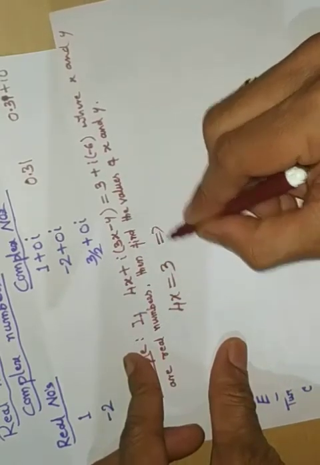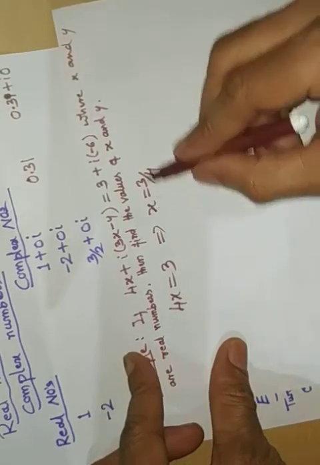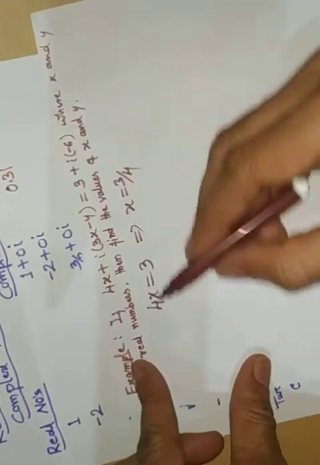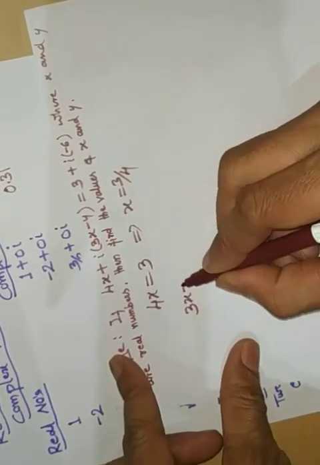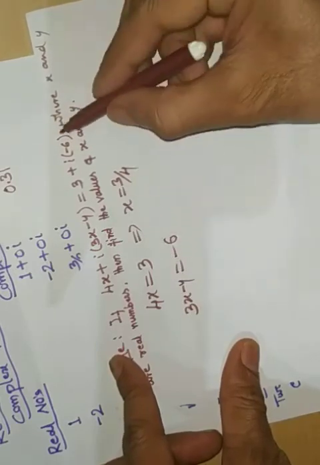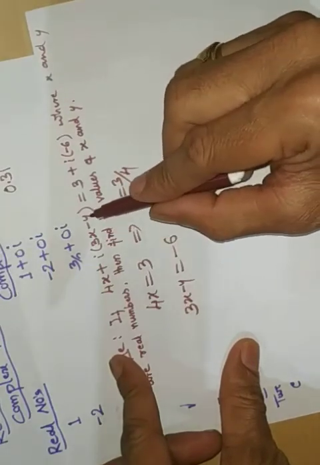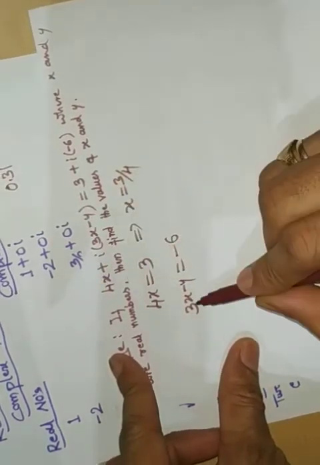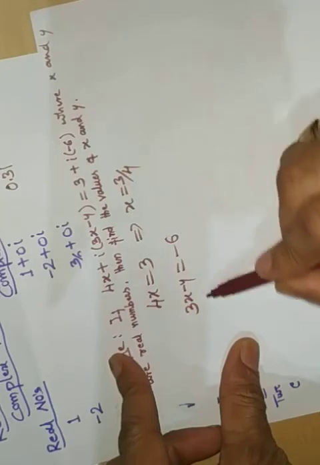So this implies that x is equal to 3 by 4. The value of x is 3 by 4. And the imaginary part, 3x minus y, is equal to minus 6. Here minus 6 is the imaginary part of the second complex number, and 3x minus y is the imaginary part of the first complex number. Since these two complex numbers are equal, their imaginary parts are equal.